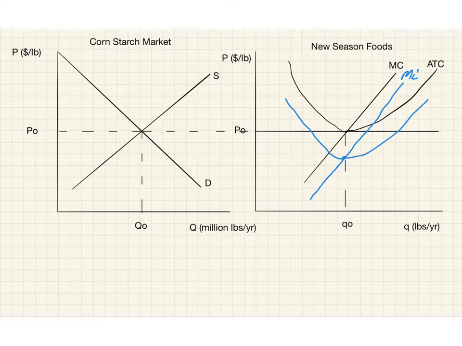If it costs $3 less to make each ton of cornstarch, 20 cents less to make each pound, whatever, then the average costs are going to fall by that 20 cents a pound. Now, critical to this, notice that there's a vertical drop in each firm's marginal cost curve.